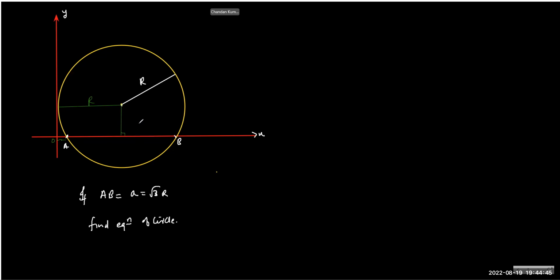So first of all, the x coordinate is going to be R. And let's say the y coordinate is H. Now, how to find H? Because H is not given to us directly, rather the AB length is given. So in any circle, you can always join the periphery with the center.